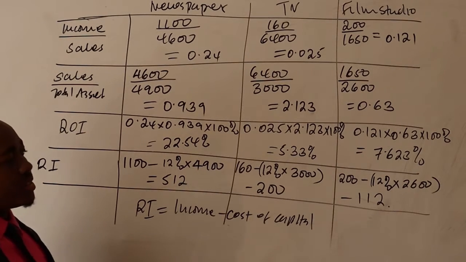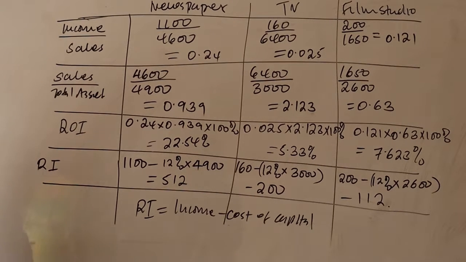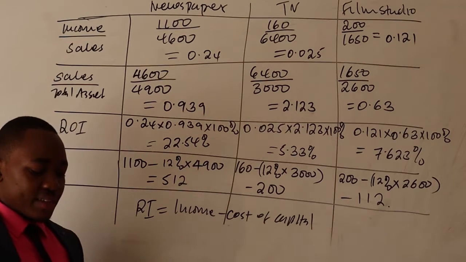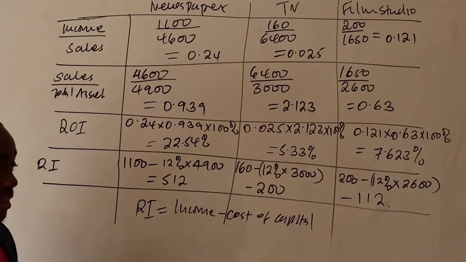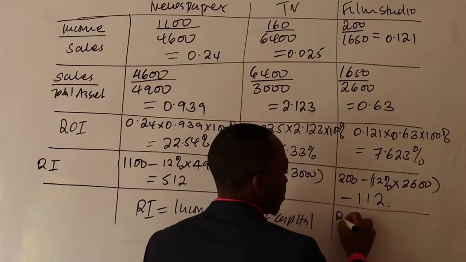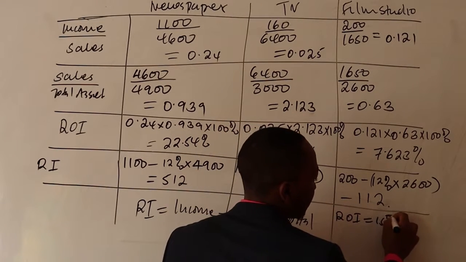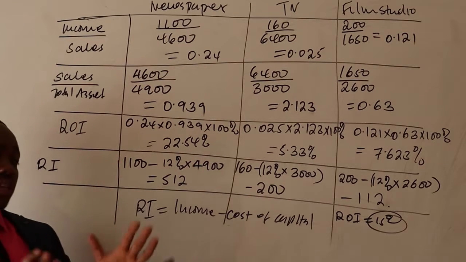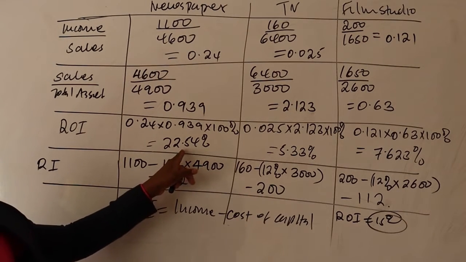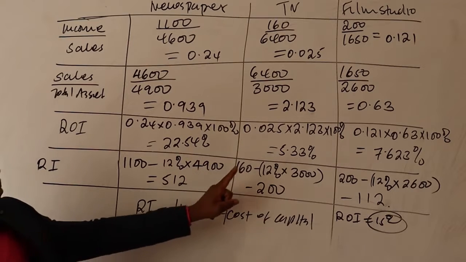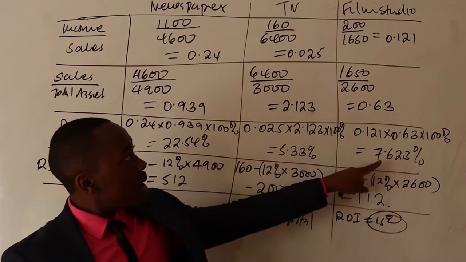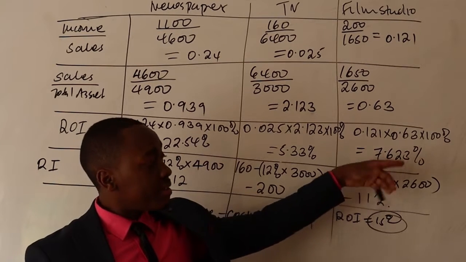In case you are told to make a decision whether to accept or reject, remember you are already told that the group has a required rate of return on investment of 15%. So based on the return on investment, we want to determine which project to accept. This one is more than 15, so you can accept the newspaper, but television is 5.33. And film studio is 7.6.